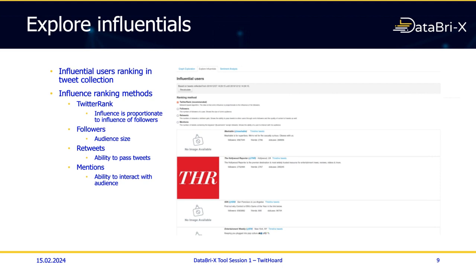The higher the number of retweets, the higher the propagation of a specific tweet in the network of a user, and the mentions, which is an indication of the user's ability to interact with the audience, or maybe the other way around, the extent to which the audience wants to interact with the user.